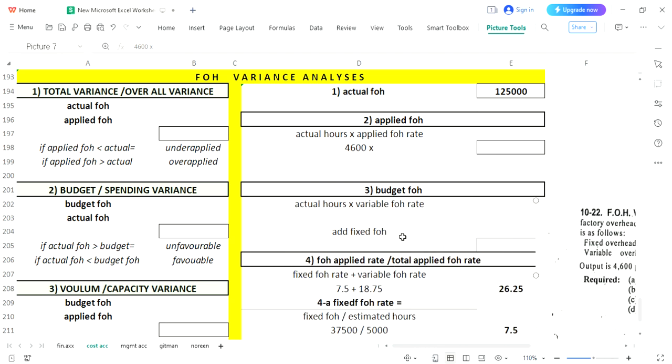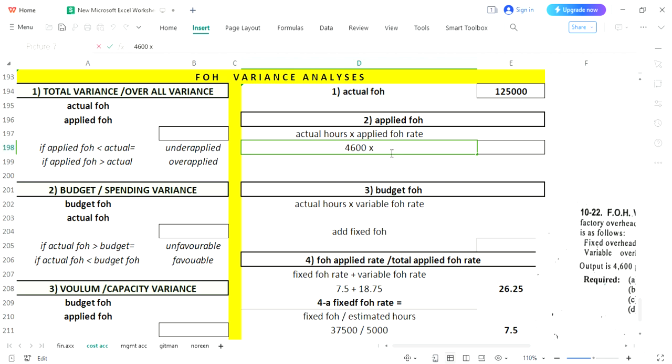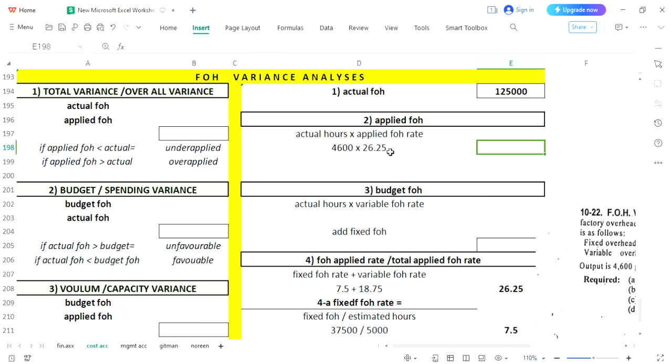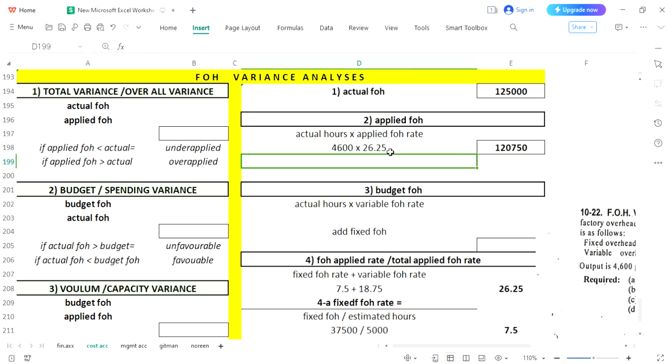You can see over here the FH rate is 26.25, put it over here. Okay, statement completed. Now put it on the calculator. 4600 is going to be multiplied with 26.25. You have got your amount.